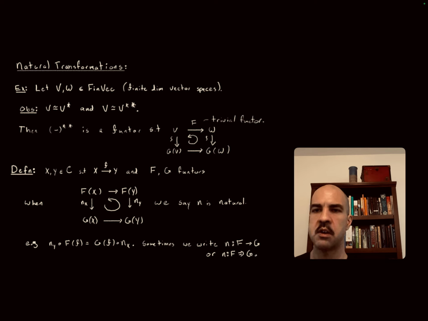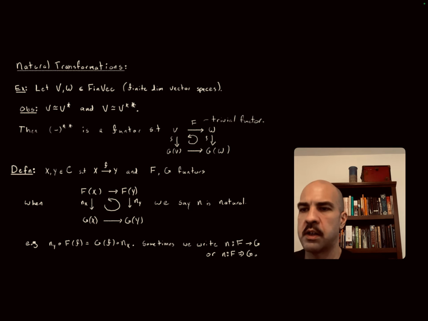So these maps take F applied to X to G applied to X, and then F applied to Y, there's this n_Y that takes it to G applied to Y. And when this occurs, we say that there's a natural transformation between these two functors.